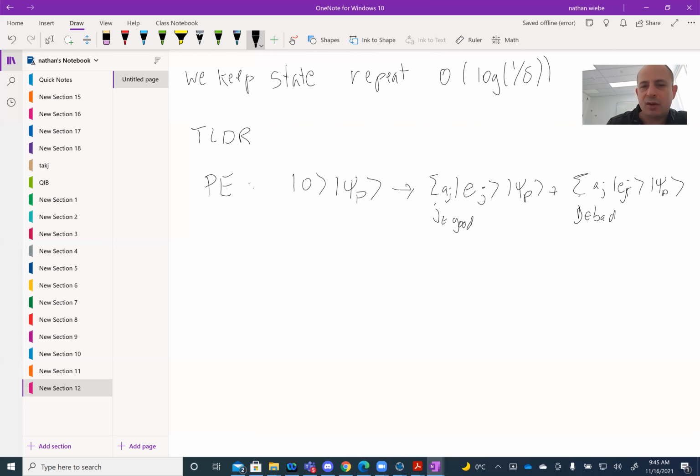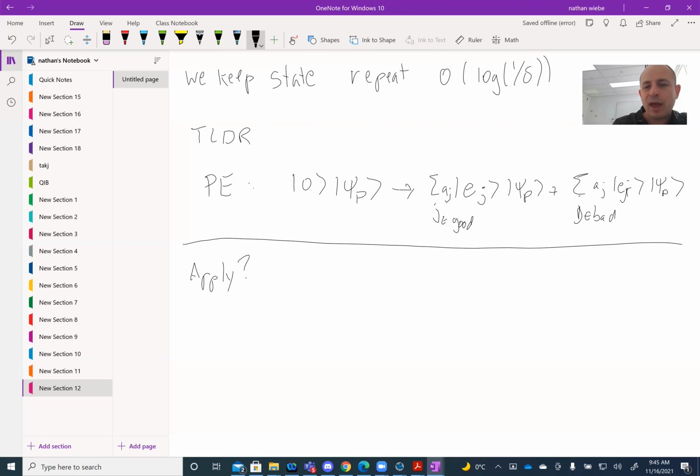Then you can just measure and repeat this process, and it will project yourself onto an individual eigenvector. But everything works exactly the same. So the real question now is, how do we apply this?